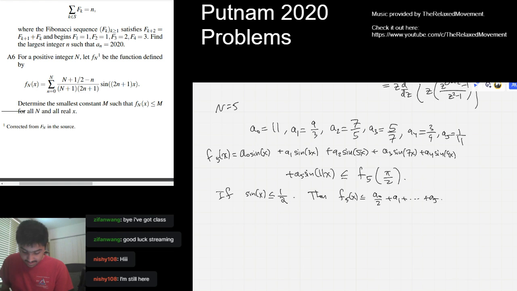And I bet that this is less than or equal to a0 minus a1 plus a2. Or 3 pi over 2, yeah. And the reason is that this thing, when is this true?